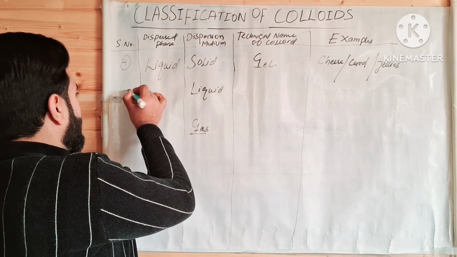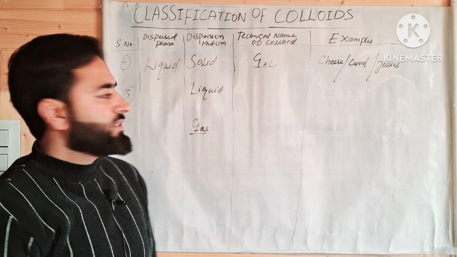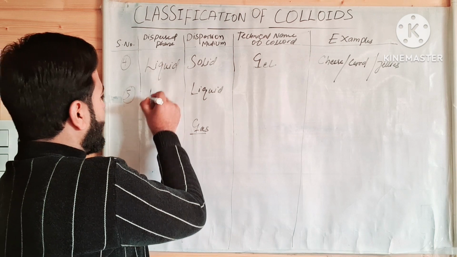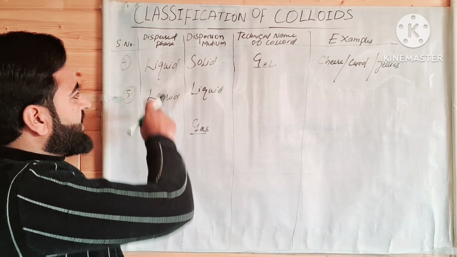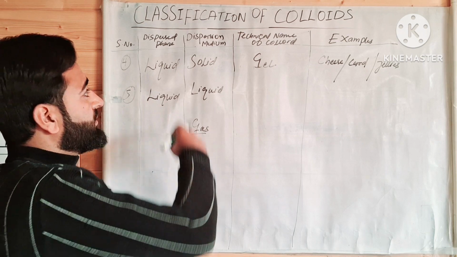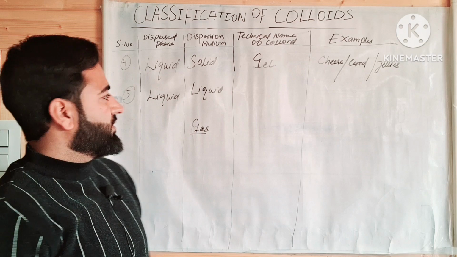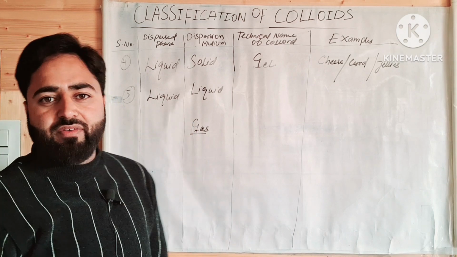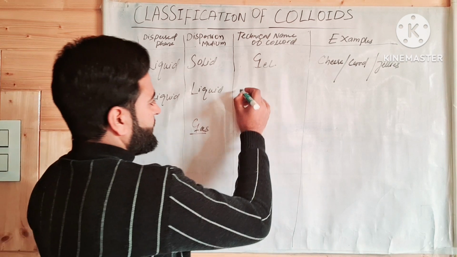The fifth type of colloidal solution is liquid in liquid. The dispersed phase is again liquid, but the dispersion medium changes from solid to liquid. The technical name of the colloid is emulsion.